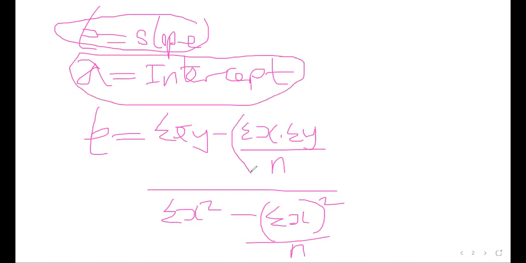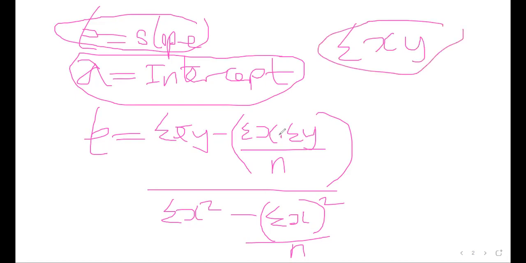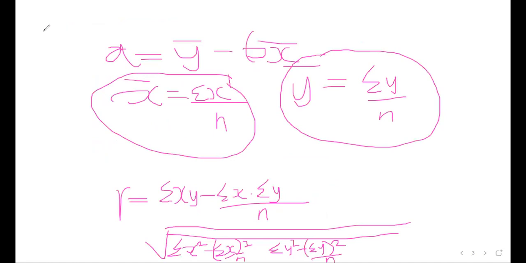To get the slope, we have this formula, where we look at the summation of xy, which is this component, the summation of x multiplied by the summation of y over n. If you have understood, this is the slope. Then getting down to the other one, this is the intercept.